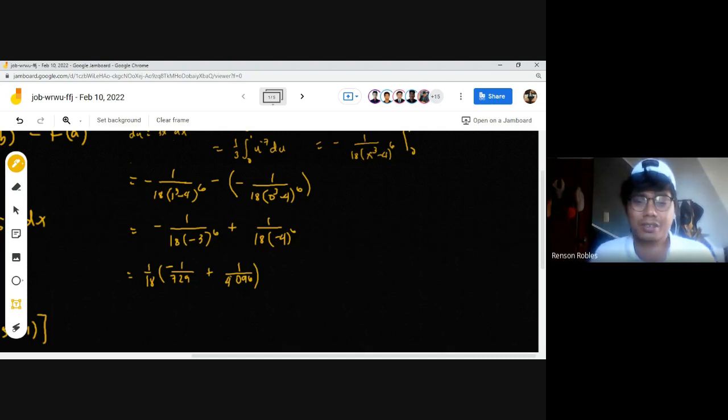Then you can just execute it on your calculator. By the way, hold on. I'll just change my screen. You can use your calculator now. I'll just pull it out here.